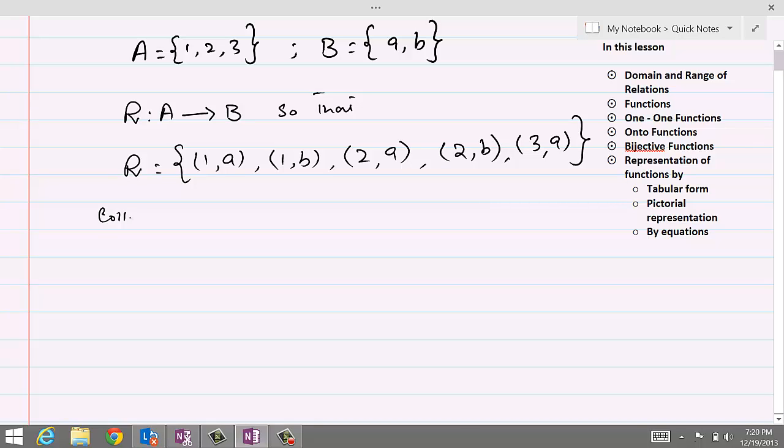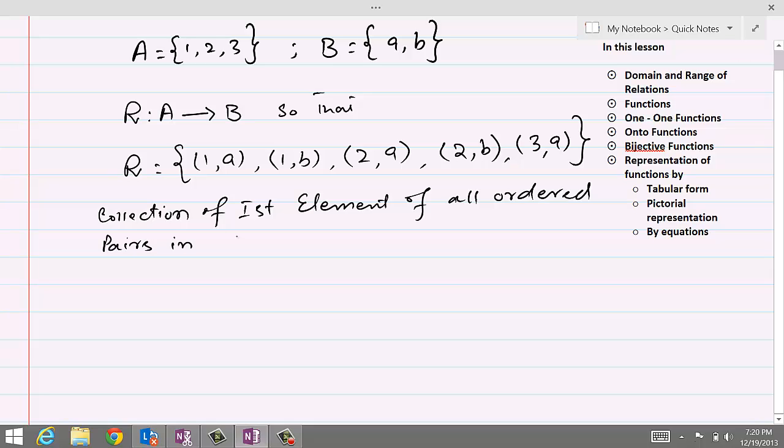So the collection of first elements of all ordered pairs in the relation is called the domain of the relation.